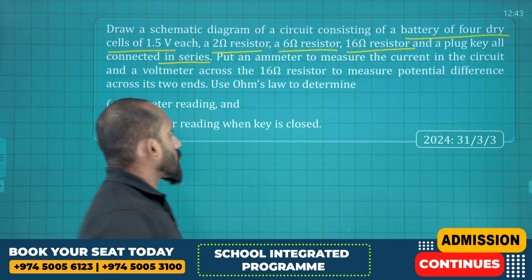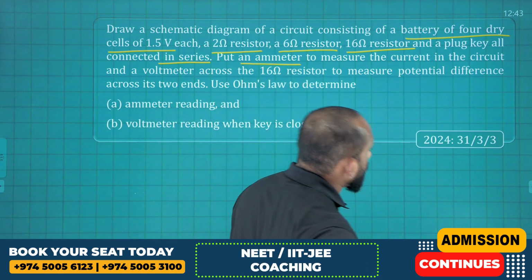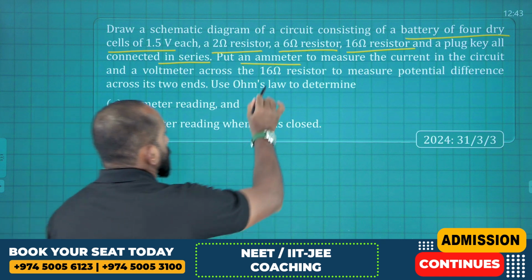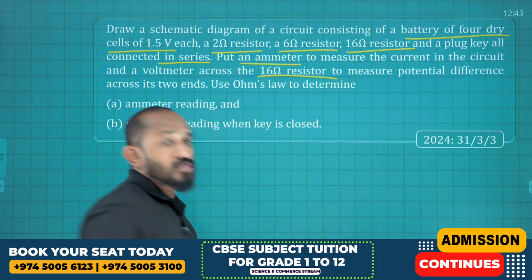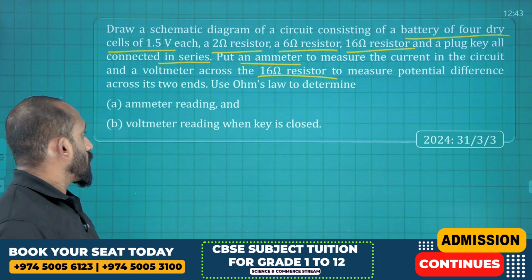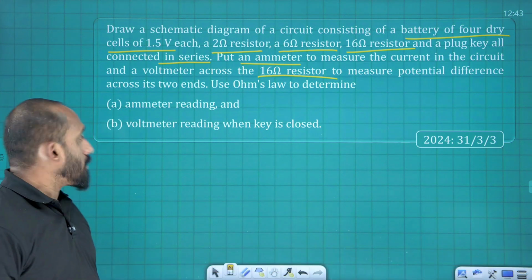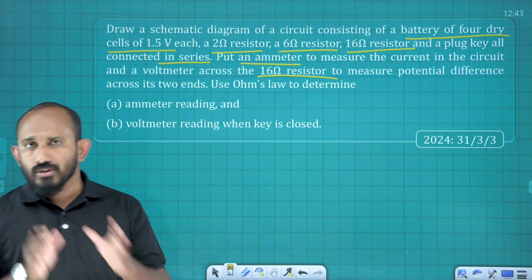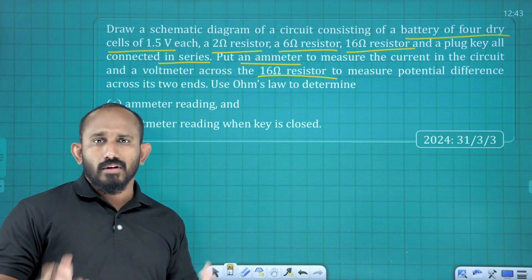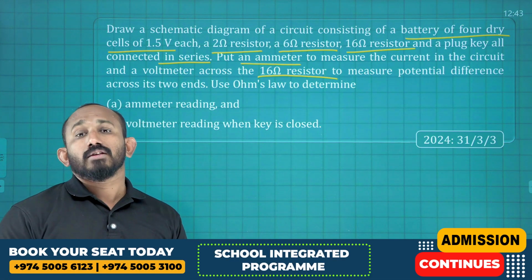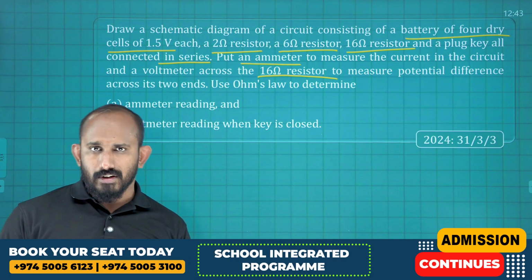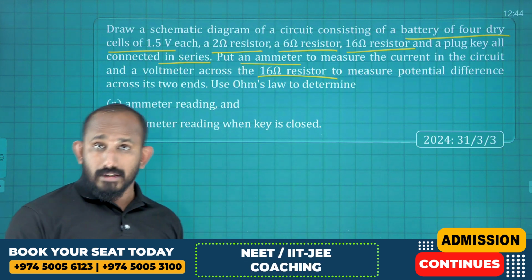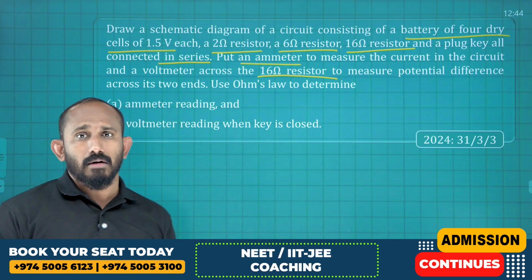Put an ammeter to measure the current in the circuit and a voltmeter across the 16 ohm resistor to measure the potential difference. Use Ohm's law to determine the ammeter reading and voltmeter reading when the key is closed. So you have to draw the circuit diagram first, then calculate the current, that's the ammeter reading, then find the voltage across the 16 ohm. It is a normal question, but definite marks, you should get the marks.